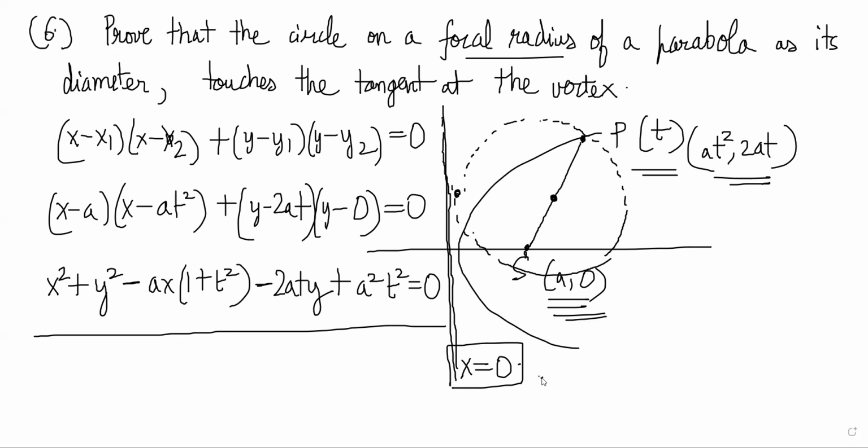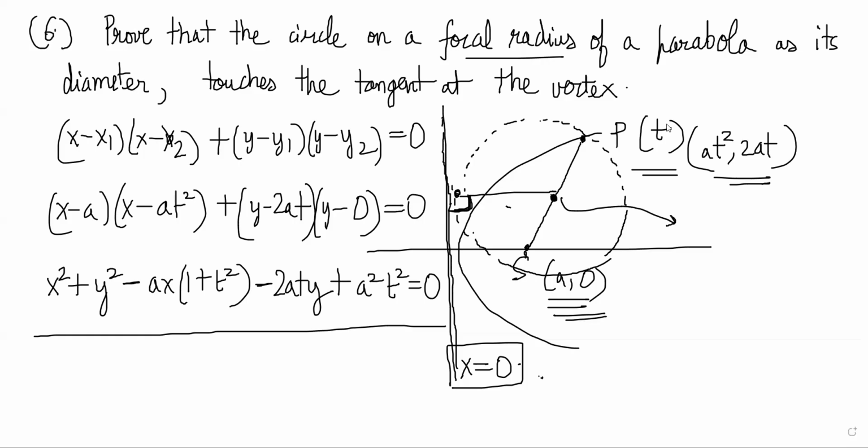So if x = 0 is a tangent to this, then you should be able to say that the perpendicular from the center to this must be equal to the radius of the circle, right?